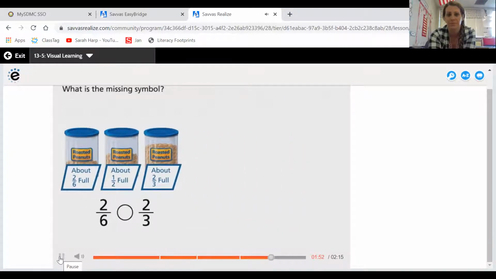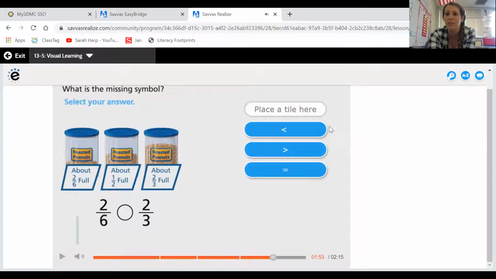All right, so then we've got, Select your answer. We've got our greater than symbol, we've got our less than symbol, and we've got our equal to symbol. All right, so if we have the picture here or the fraction strips to help us, we know which one's greater. Is 2/6 greater or is 2/3 greater? Just by looking at the picture, we know 2/3 is greater, right?